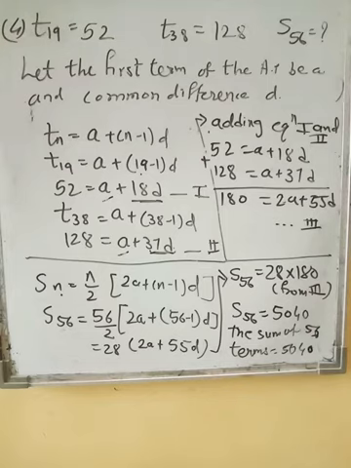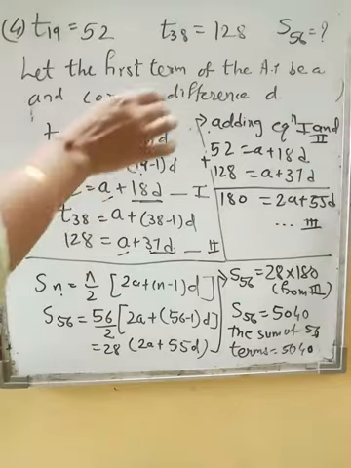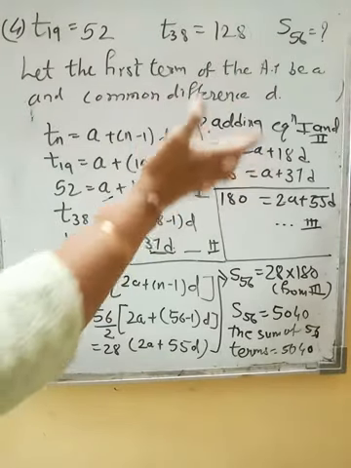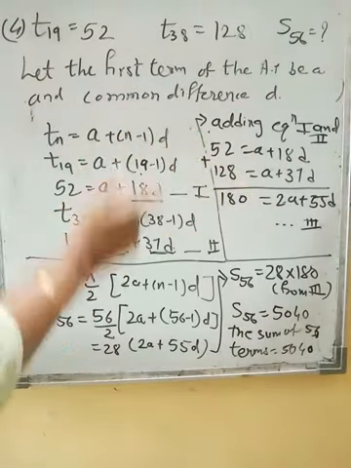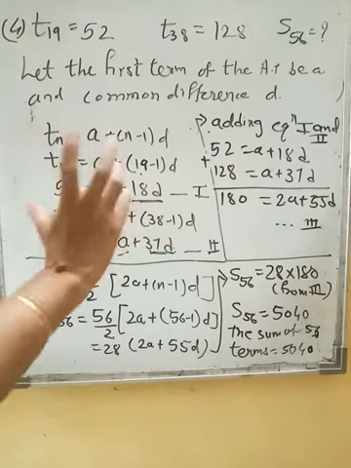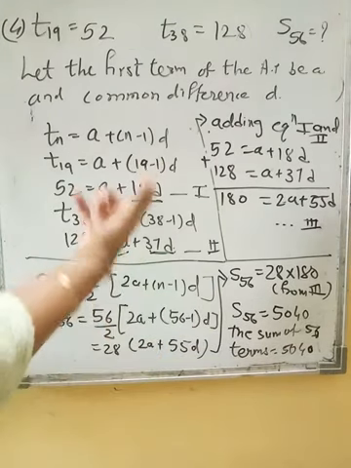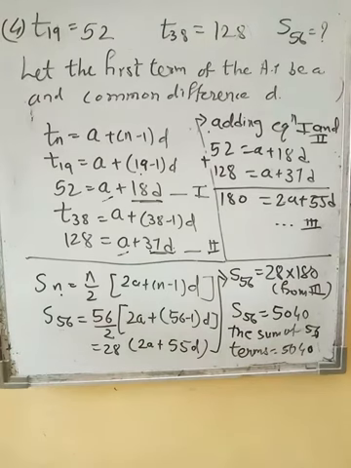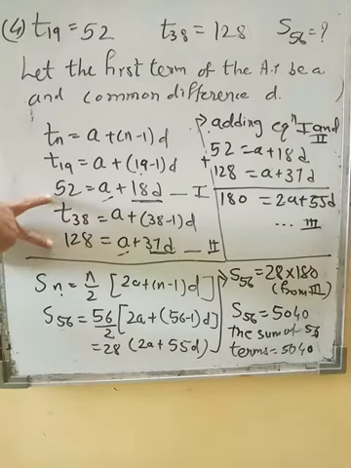They didn't ask us to find the AP, they just asked us to find S56. And 56 is not a very simple number like 100 or 200, it is in between, so why did they take it? They have also made the sum. So you can get your AP by finding a and d from solving equations 1 and 2.